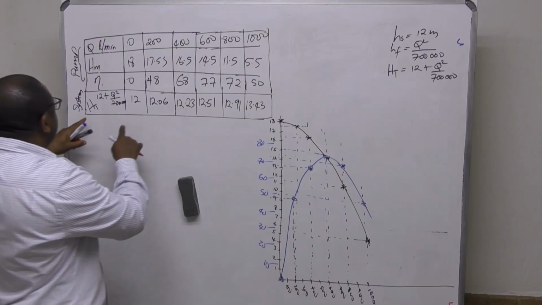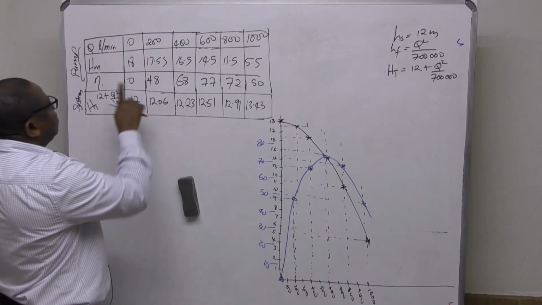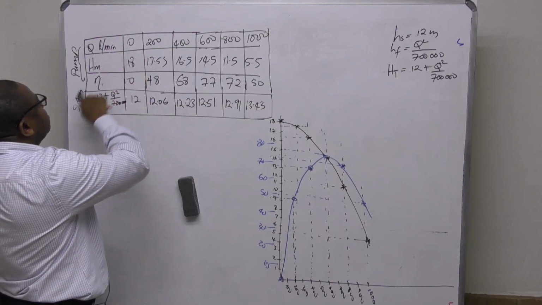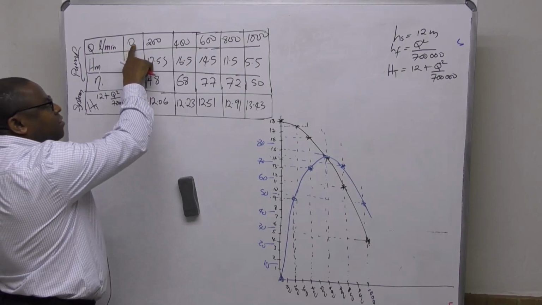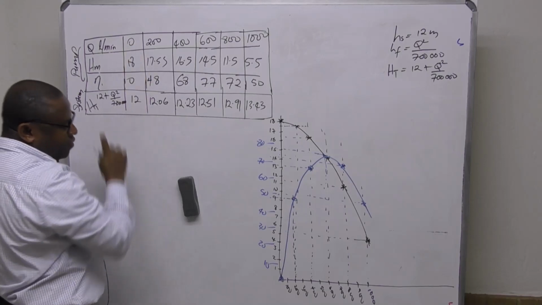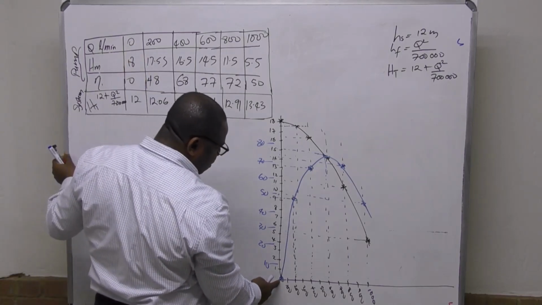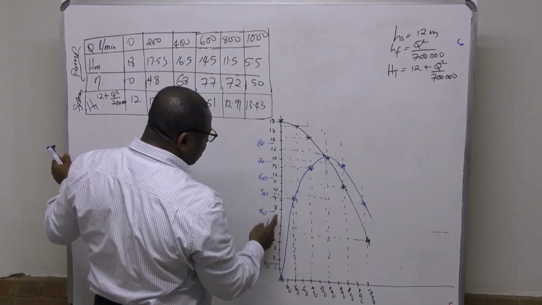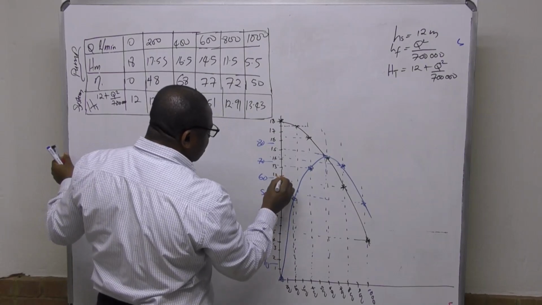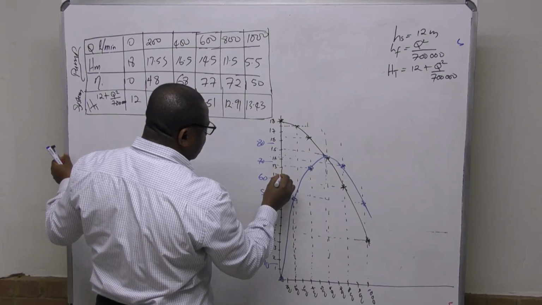So the system characteristics, when flow is 0, the head is 12. So the system starts here.